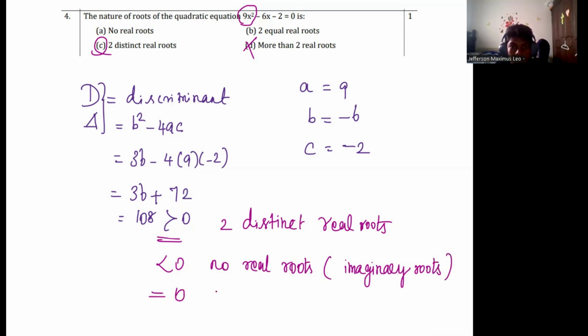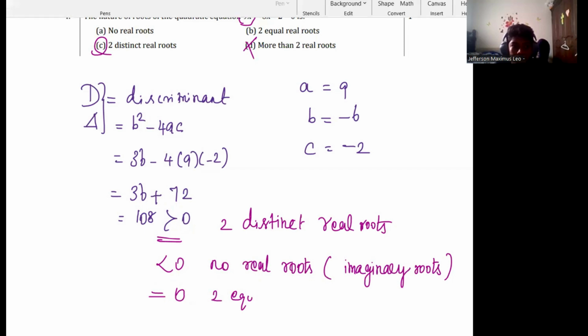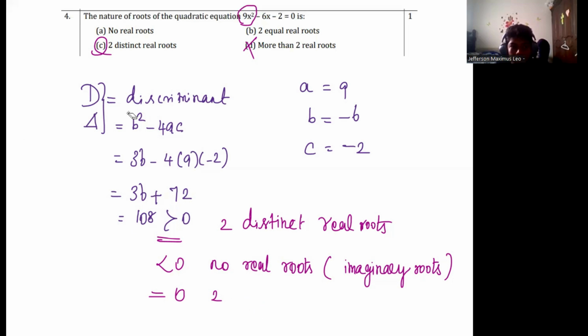Ma'am, two equal real roots. Very good. So two real and equal roots.